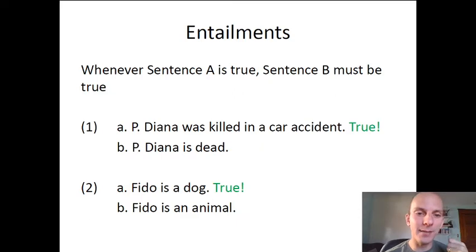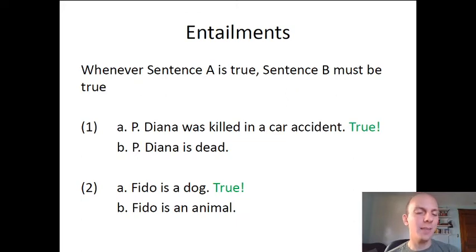So if it were the case that Princess Diana was killed in a car accident, we know that to be true, then sentence B must be true, right? If we know that Princess Diana was killed in a car accident, and in fact we do, then we can deduce, or it's entailed, that Princess Diana is dead right now.